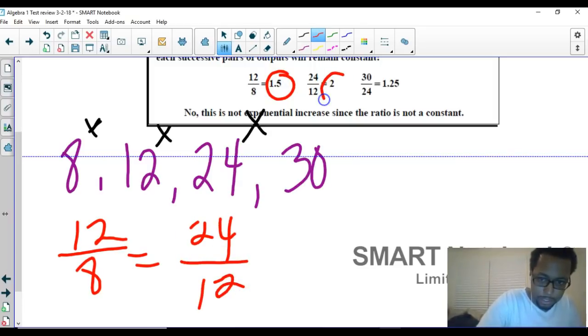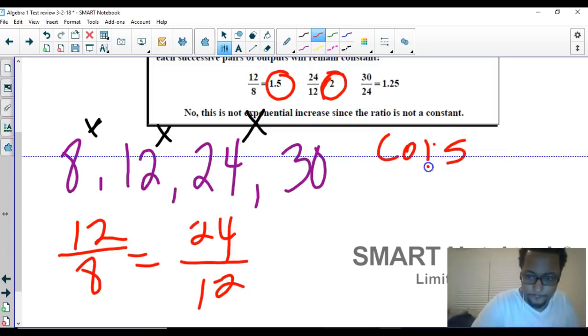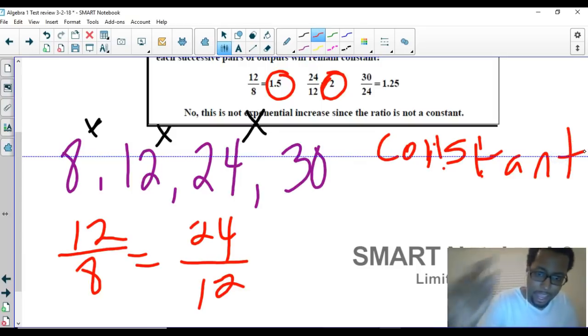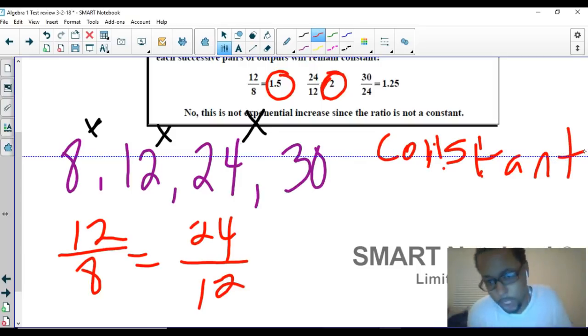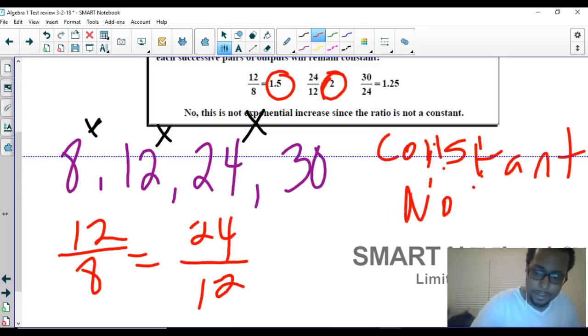I'm going to get this. Keyword is constant. It is not constant. And because the ratio is not constant, it's not exponential. So that will be your answer, and your work will be here.